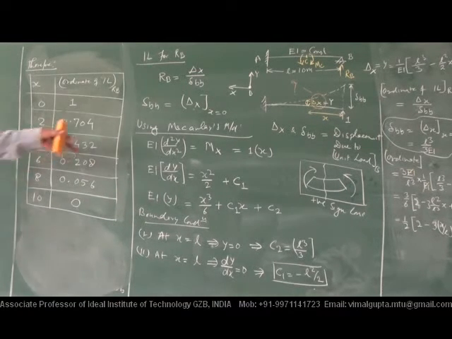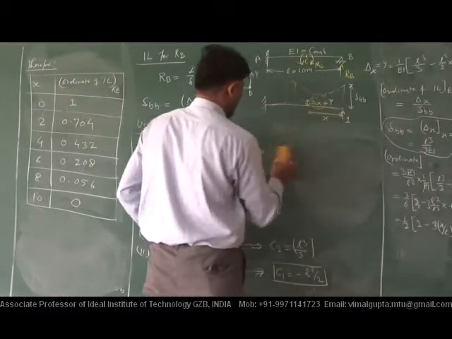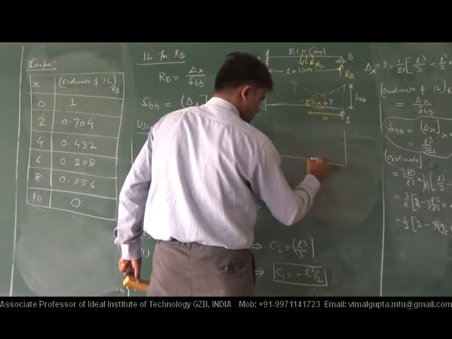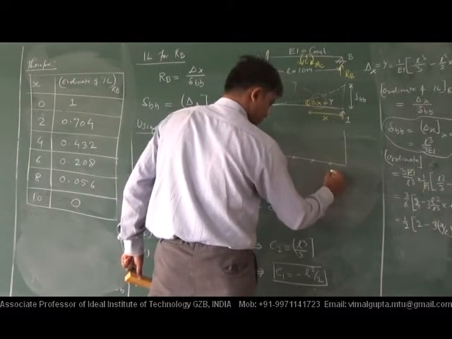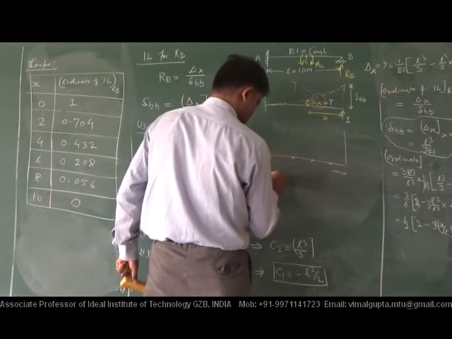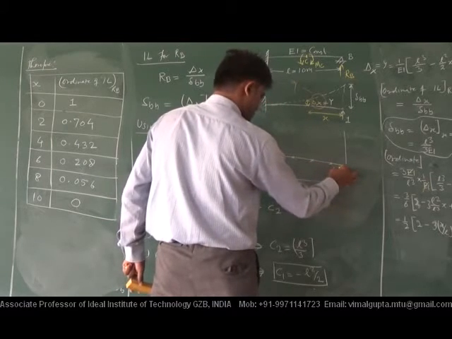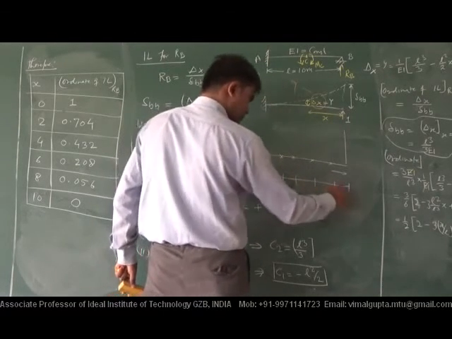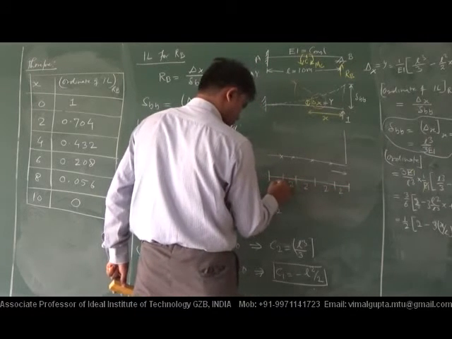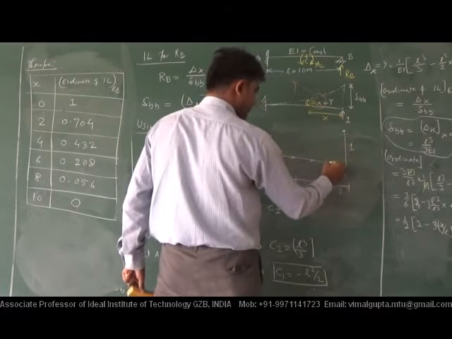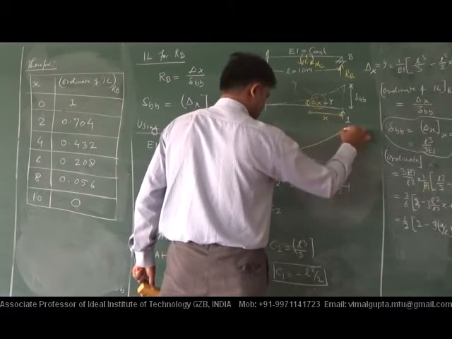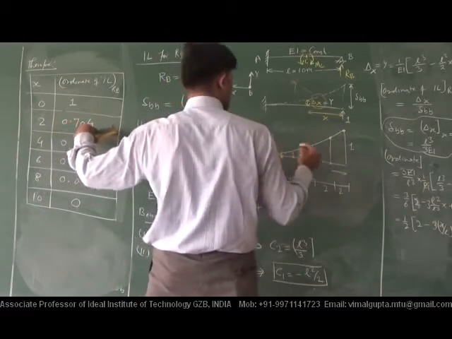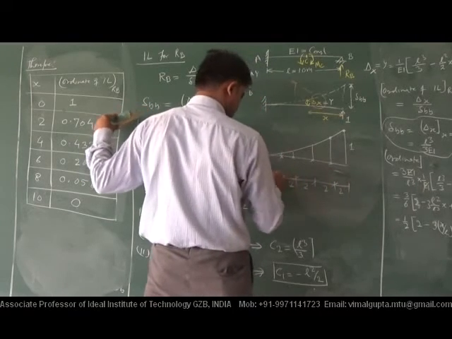Now you can plot IL. So I am plotting the IL here. One ordinate is this, 0.704.